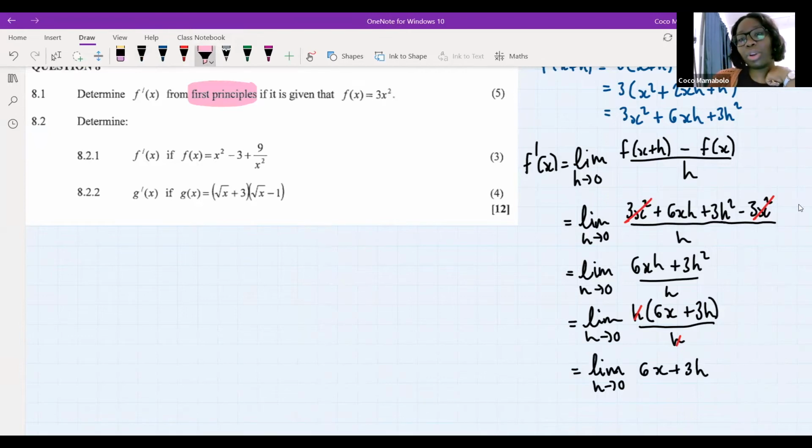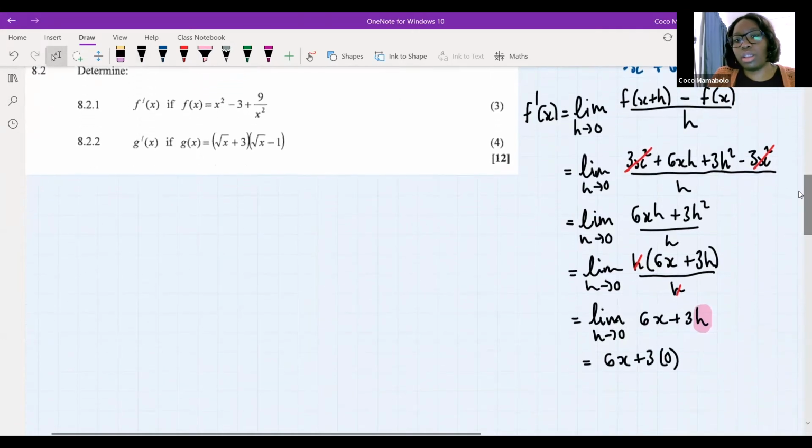And now that I am ready to substitute 0 into my h, I can drop my limit. We can go 6x plus 3 multiplied by 0, which is equal to 6x. All right.